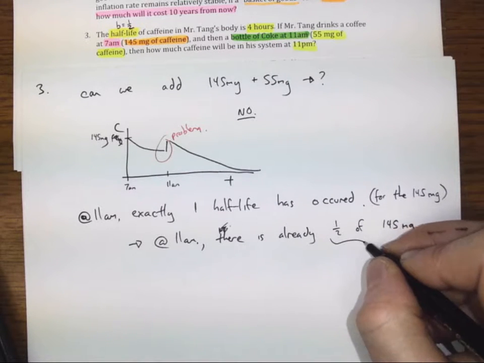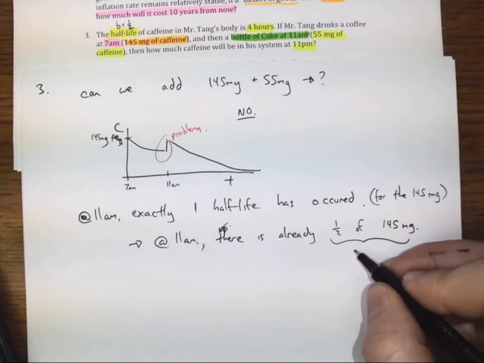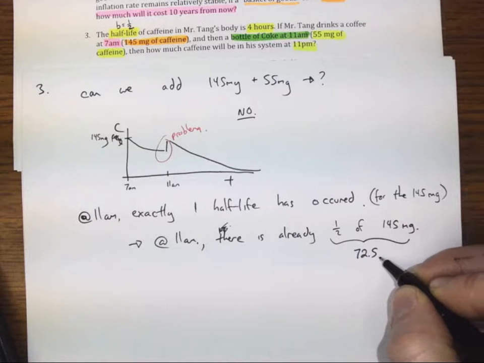So then, at 11, Mr. Tang gets a spike of caffeine because he drinks a Coca-Cola.